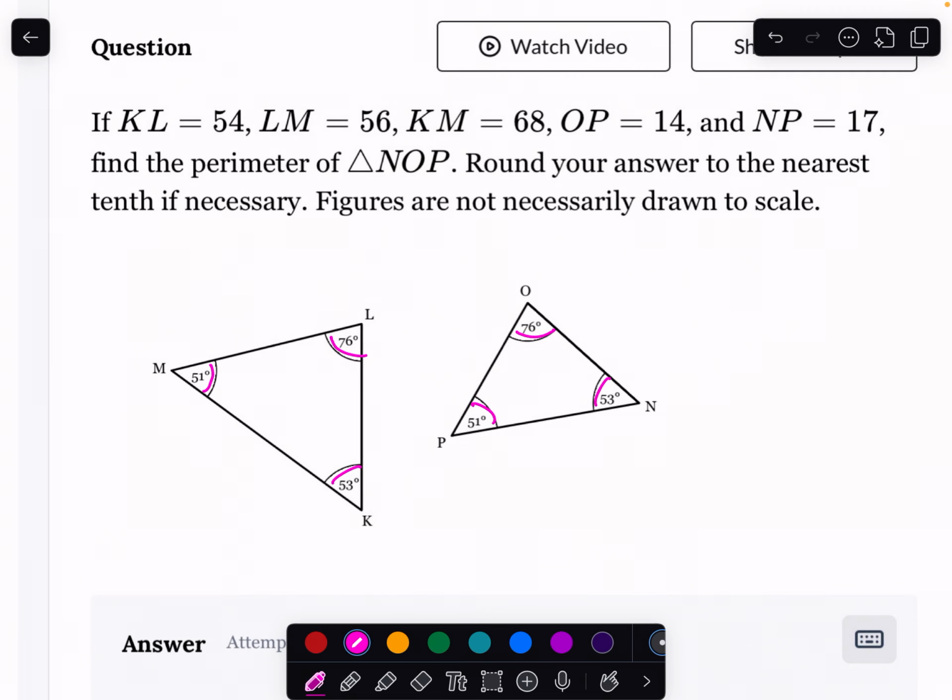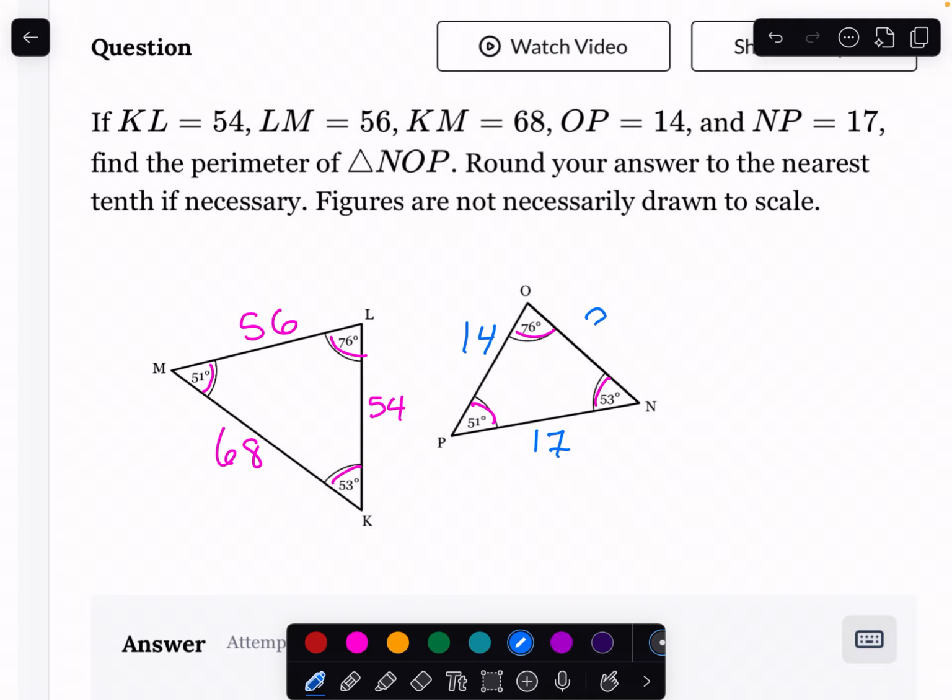So it says KL is 54, LM is 56 and KM is 68. Then it tells us the next information about the next triangle. OP is 14, NP is 17, and we want to find the perimeter.